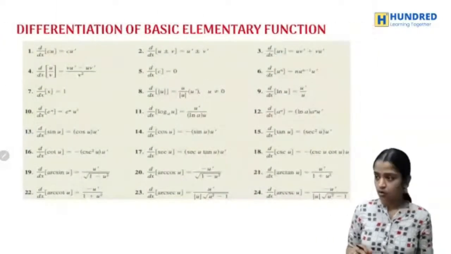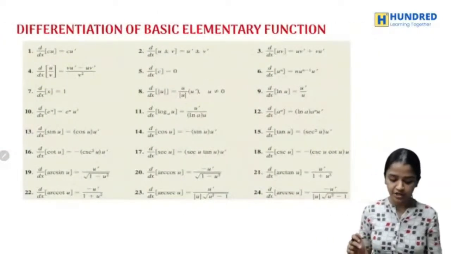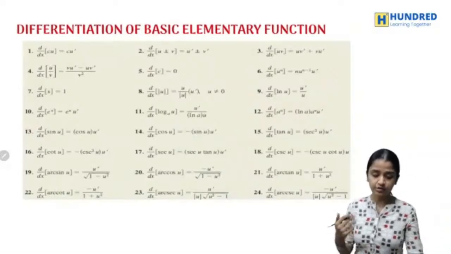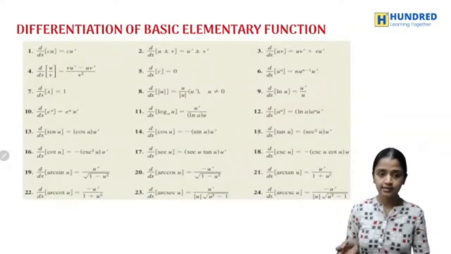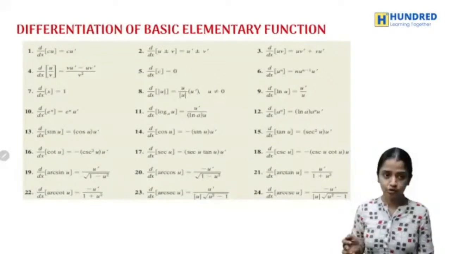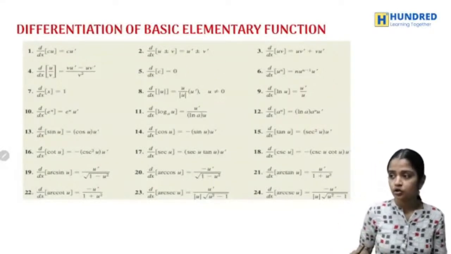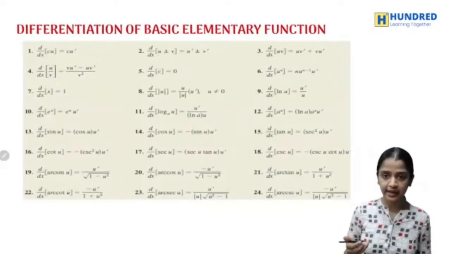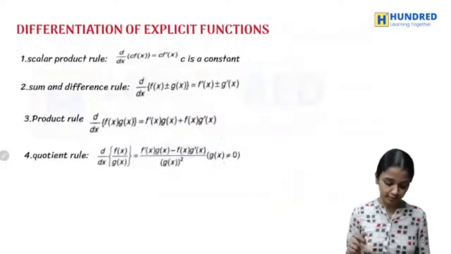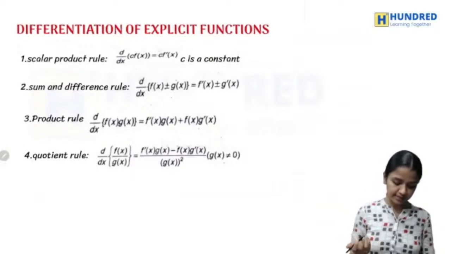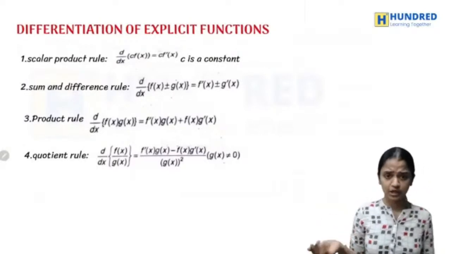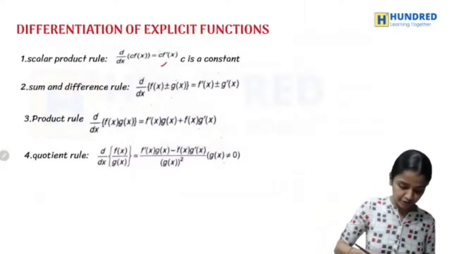Okay. So these are the differentiation formulas of the basic elementary functions. You can just write them down, and the U by V method, everything is written. This is a scalar product: you can just take the scalar outside and differentiate it.